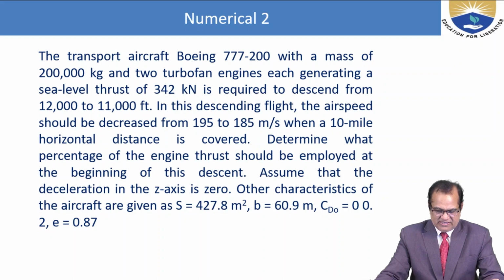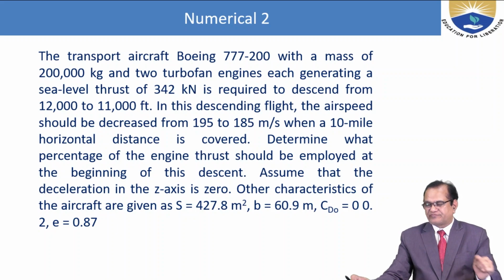Assume that the deceleration in the z-axis is 0. Other characteristics of the aircraft are given as area is equal to 427.8 meter square, b is equal to 60.9 meters, CD naught is equal to 0.02 and e is equal to 0.87.